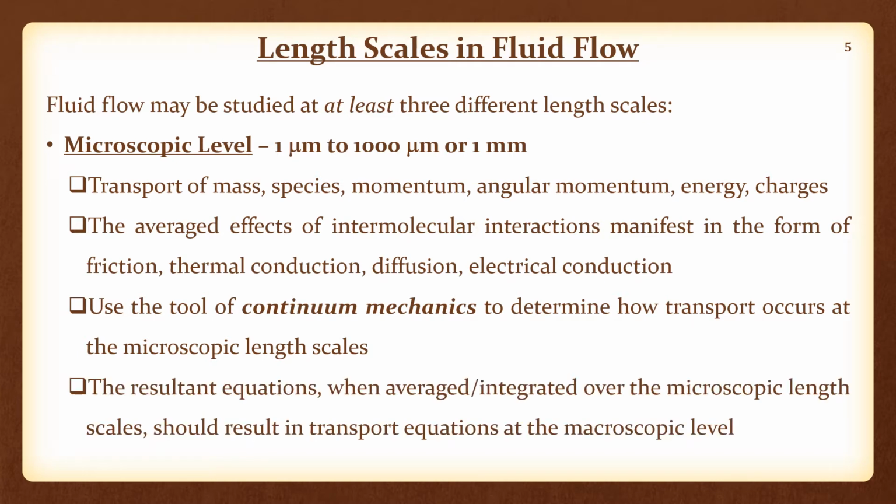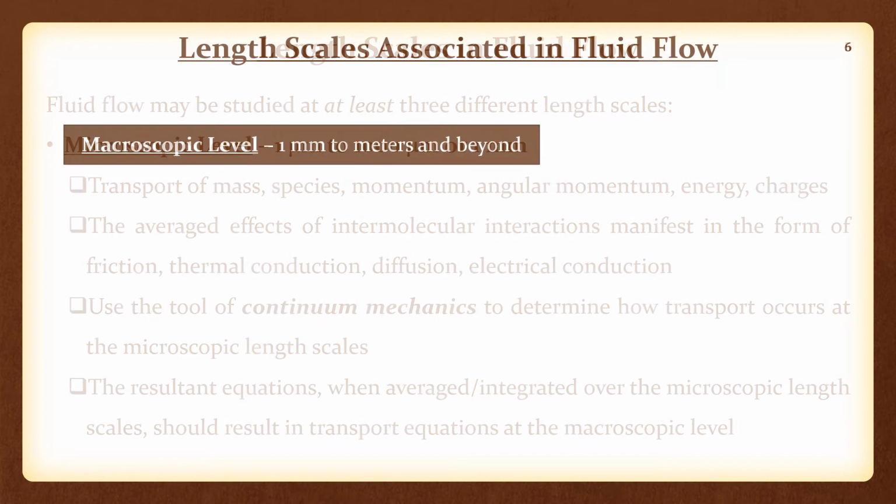Now the resultant equations, which are basically the various conservation equations when averaged over the length scales in the microscopic domain, should result in transport equations at the macroscopic level. Now what is the macroscopic level?